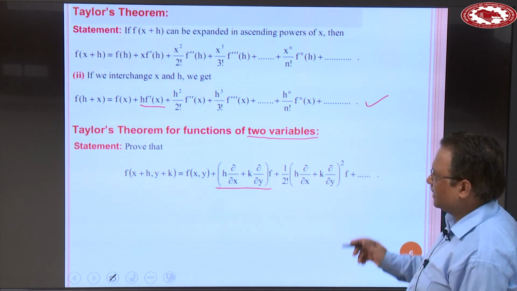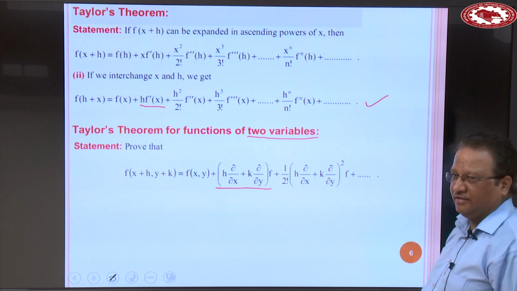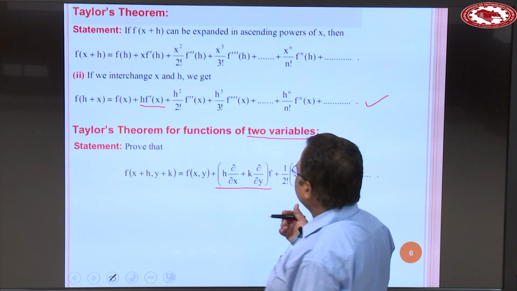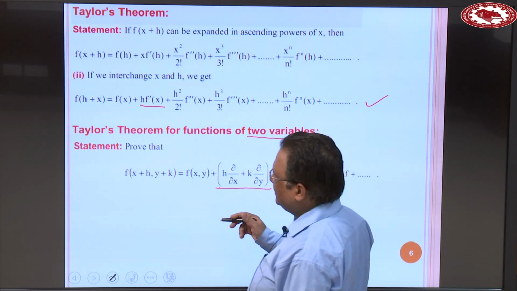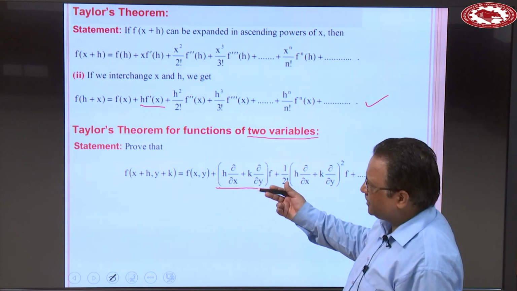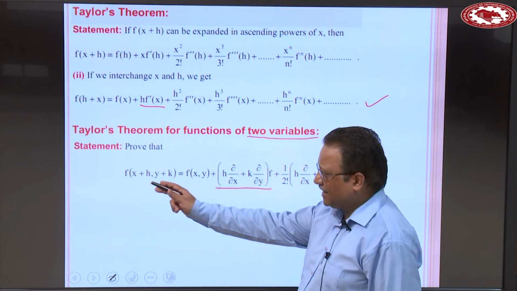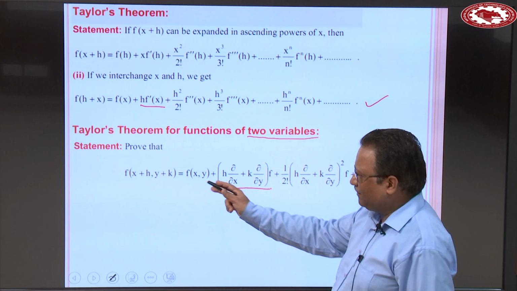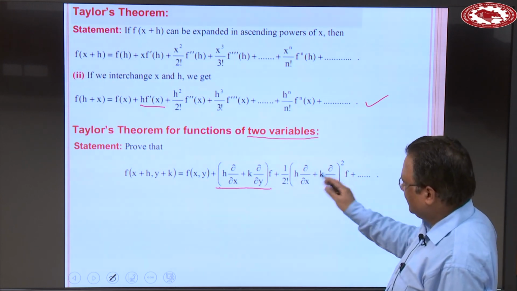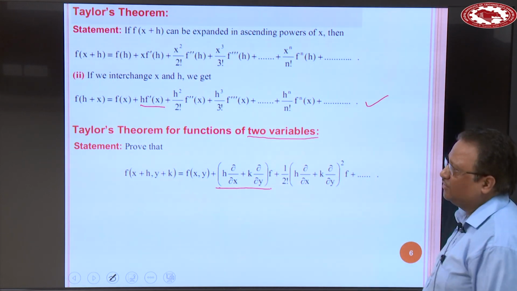That is the third term, plus and so on. So for functions of two variables, Taylor's expansion can be written like this: f(x plus h, y plus k) is equal to f(x, y) plus this term plus this term and so on.